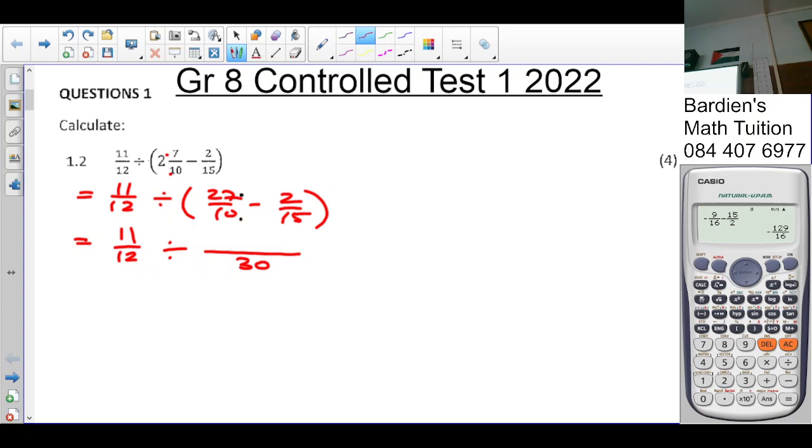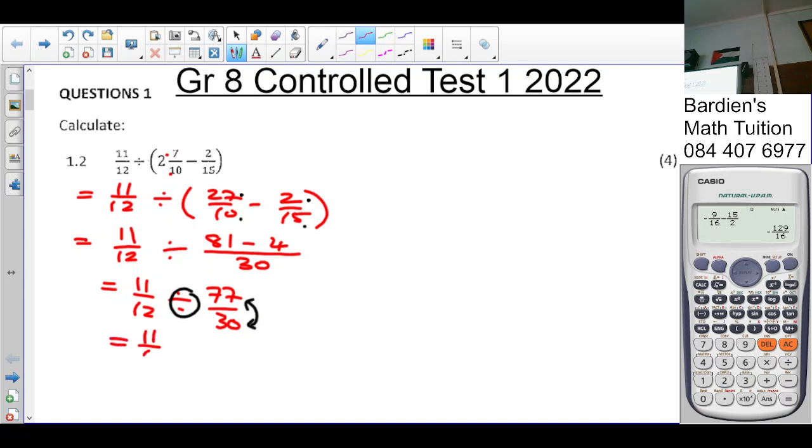So 27 times 3 is 81. 15 times 2. So it's going to be 2 times 2, which is 4. 11 over 12 divided by 81 minus 4 is 77 over 30. Is that correct? So what do we do now? Change this to multiplication, we tumble and tumble.